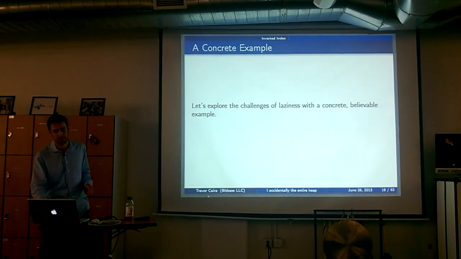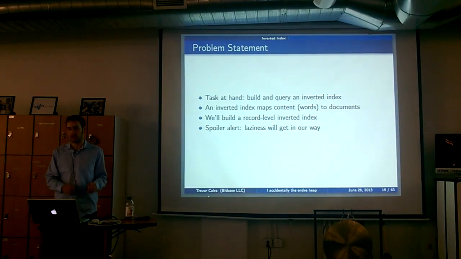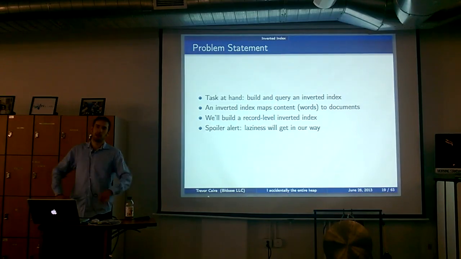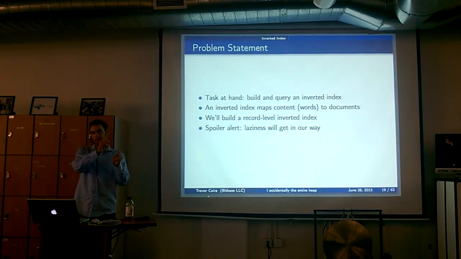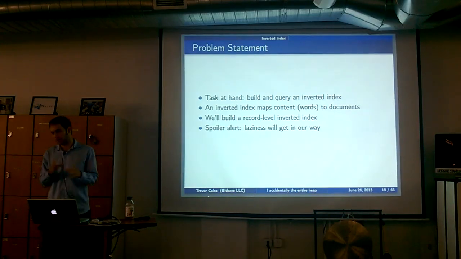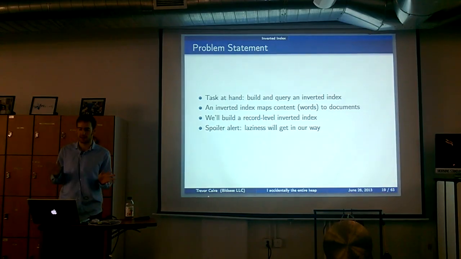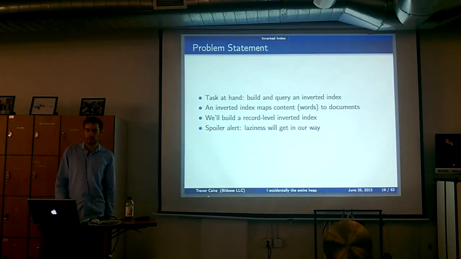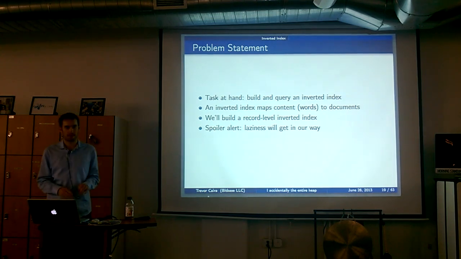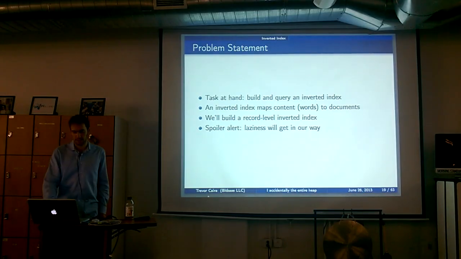An inverted index is really just a map, ultimately, from contents to documents, i.e. we're taking a bunch of documents, indexing them, and mapping the words from each document back to that document. In particular, we're building a record-level inverted index, so we're discarding location information or phrases or sentences or anything like that. And just to give you a little foreshadowing here, laziness is going to be problematic for us.